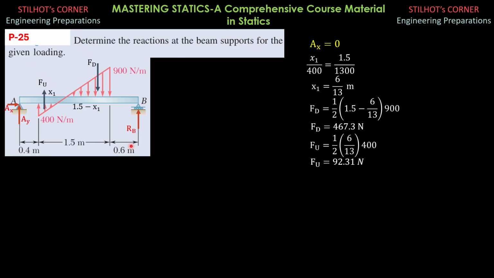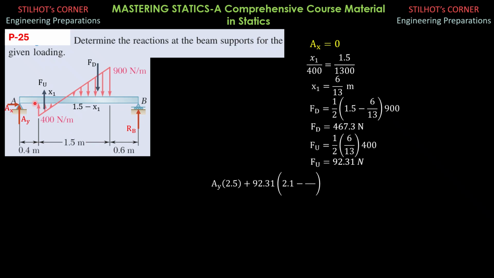Then we sum up moments about B equals 0. Clockwise this time is positive, counterclockwise negative. Anyway, that's the same, meaning clockwise moments equal counterclockwise moments about B. So AY times 2.5, that is 1.5 plus 0.4 is 1.9, plus 0.6, 2.5.